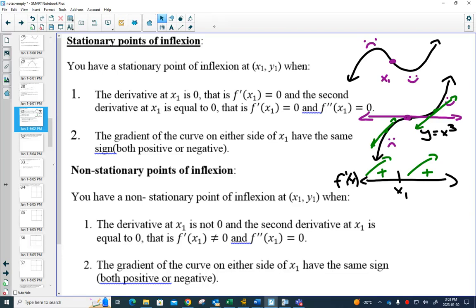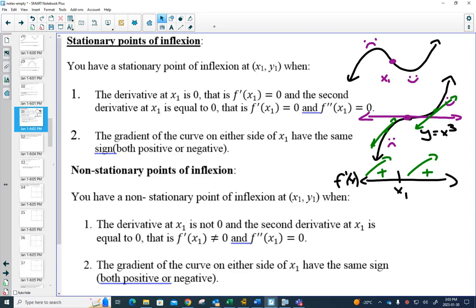The top one is a non-stationary point of inflection. Often we just call it an inflection point. It's when the derivative at that point is not 0, but the second derivative is. So if your first derivative is not 0, but your second derivative is, then you're going to have an inflection point.